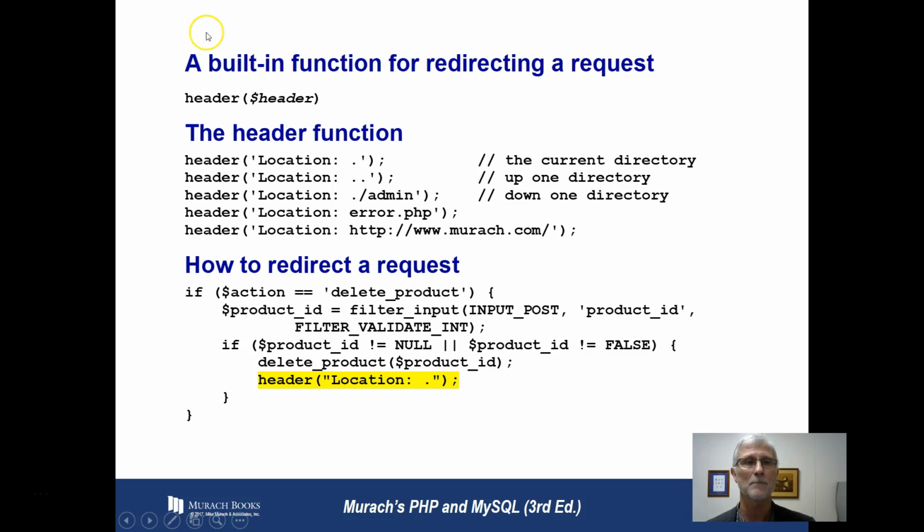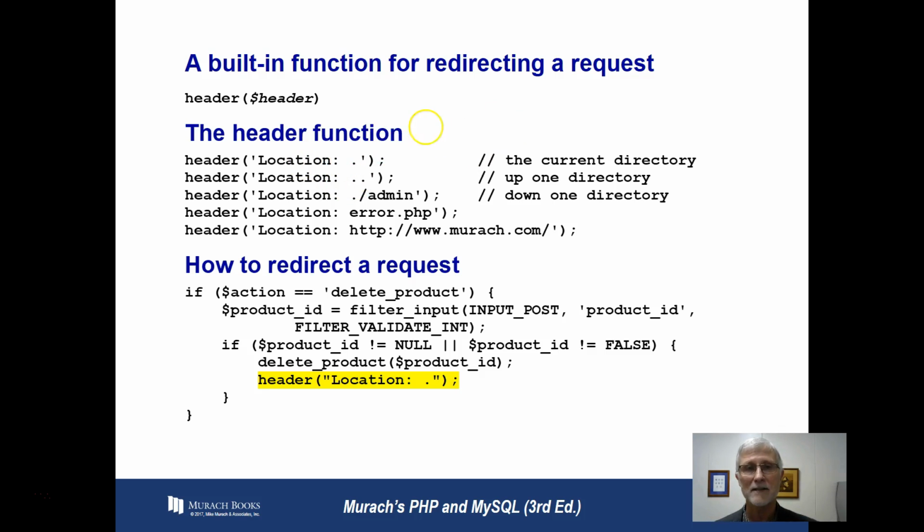So let's look at some examples. Here's this built-in function, the header function. I'm giving it a path name. These here tell me they are relative path names, relative to my current location. Now, if you've taken a Linux class, you know that the dot indicates the current working directory.